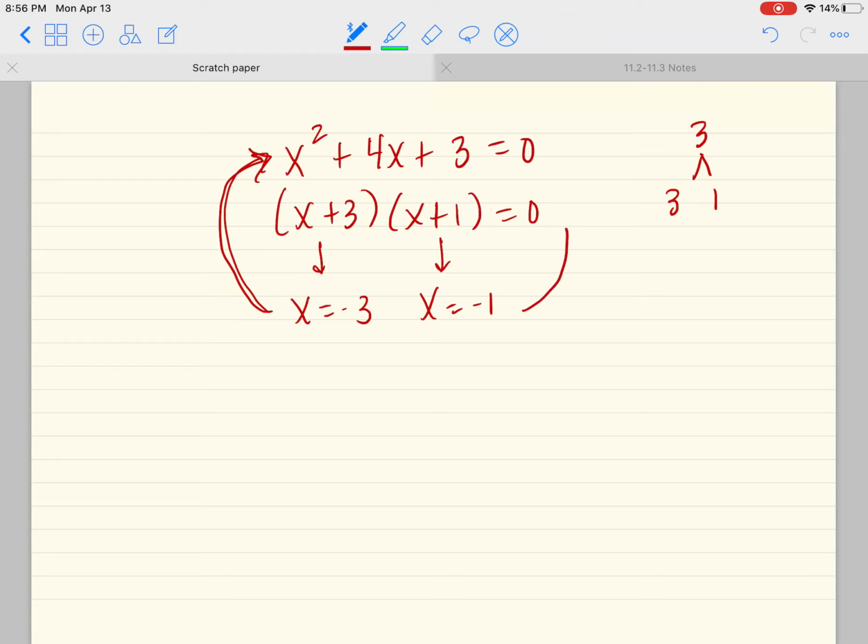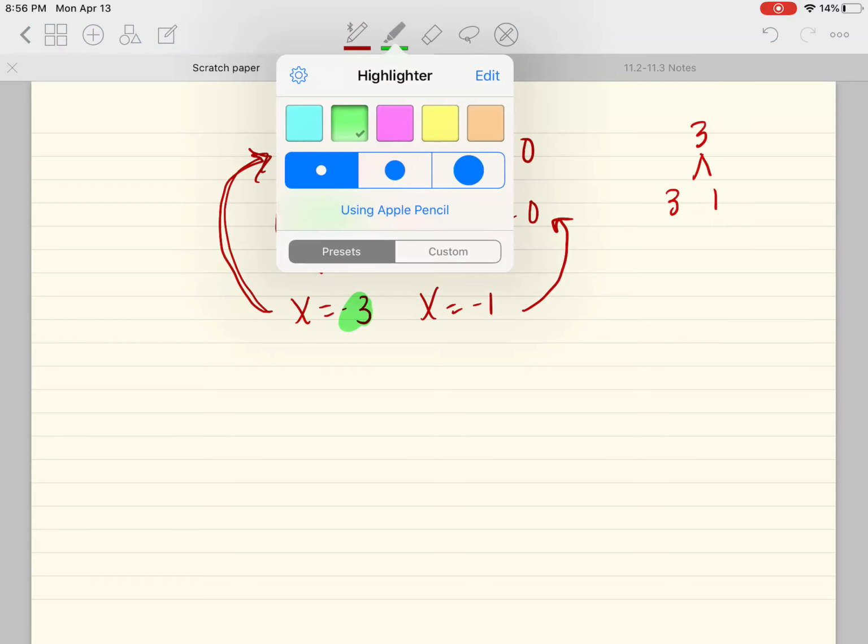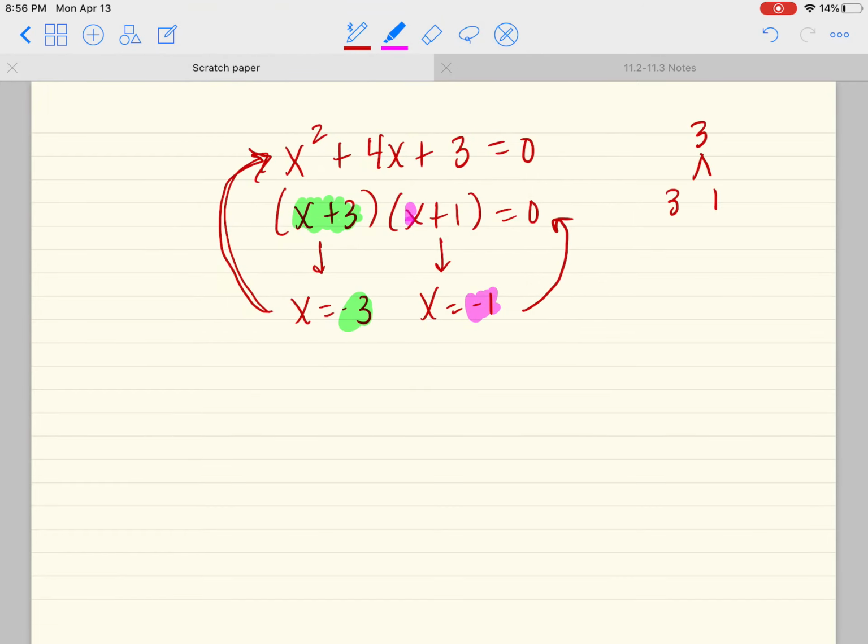But instead of trying to jump all the way to this step, could we not just jump to this step first? Right? If negative 3 is an answer, it's because x plus 3 had to be a factor. And if negative 1 is an answer, it's because x plus 1 had to be a factor. So if I can write the factors, then I can multiply those to get my equation.